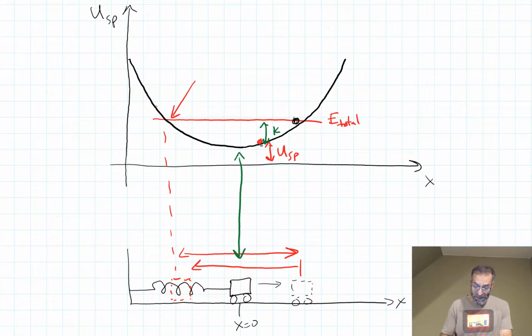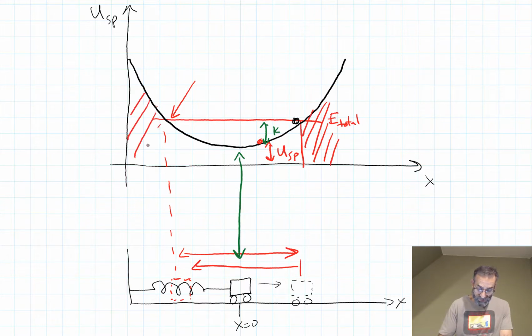And if we started out at this location, then it couldn't be higher, right? That's our classically forbidden region, and this is our classically forbidden region on the other side. It's bound by the total energy it has, and it can't exceed that.